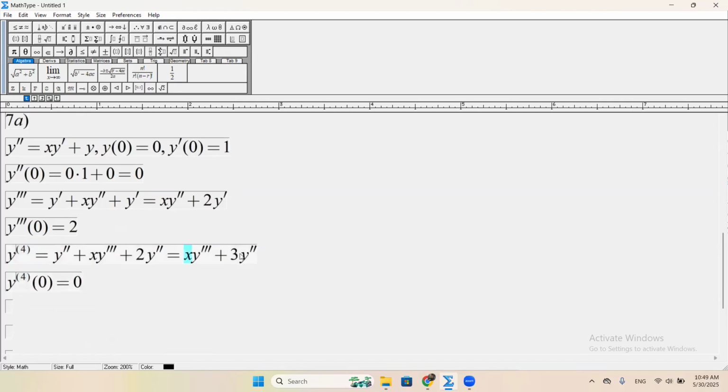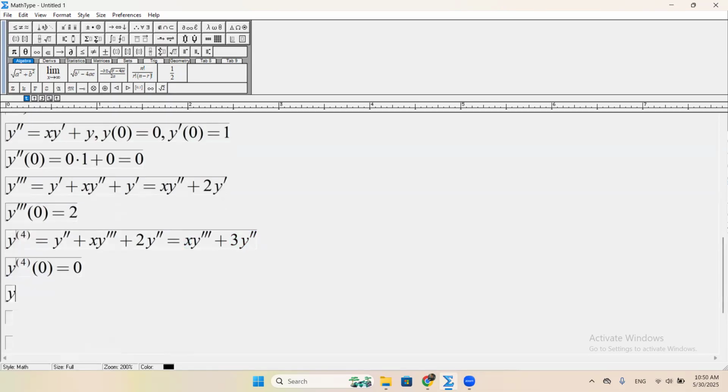So if I substitute here, when x is 0, this value is 0 as well, so we have the 0 term. And now let's find the fifth derivative. So it equals y triple prime plus x y fourth derivative, plus 3y triple prime. Simplifying it a little bit.